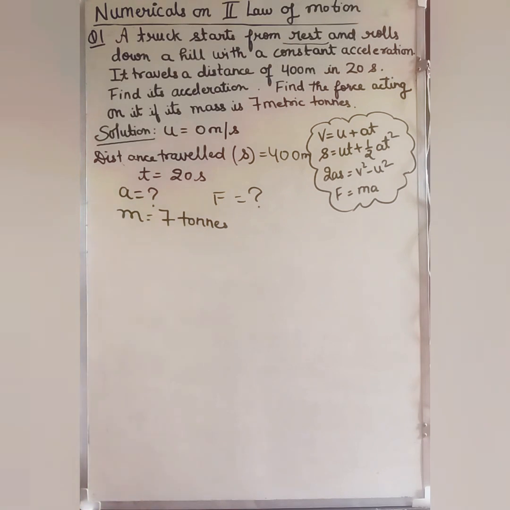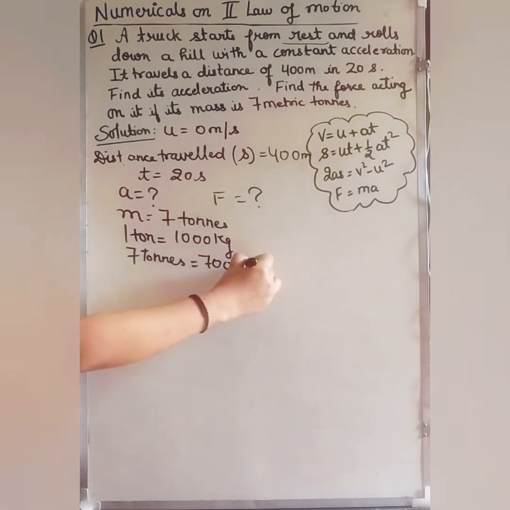Now we can see that all the values are given in SI units, but for mass, ton is not an SI unit. So first thing we will do is convert it into kg. We know that 1 ton is equal to 1000 kg. So 7 tons will be equal to 7000 kg.